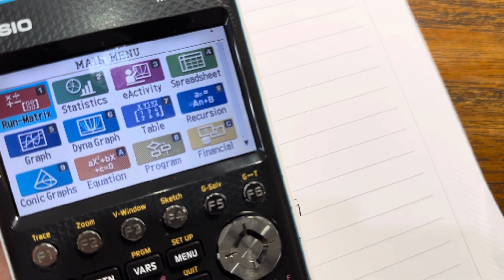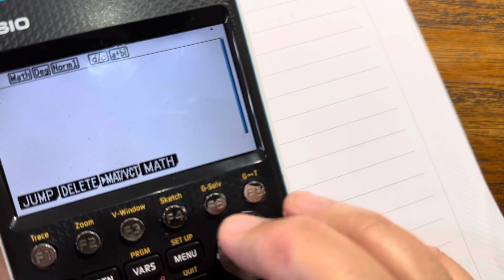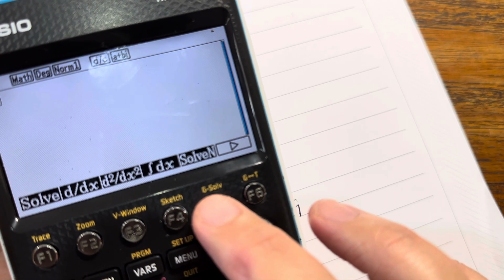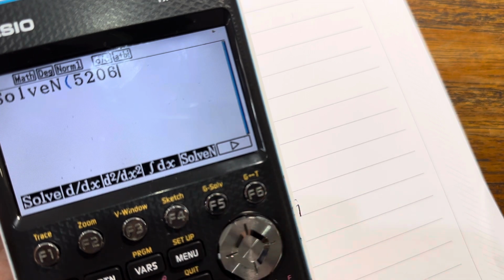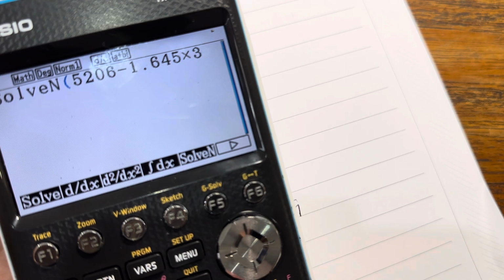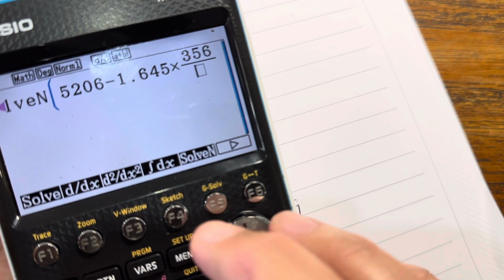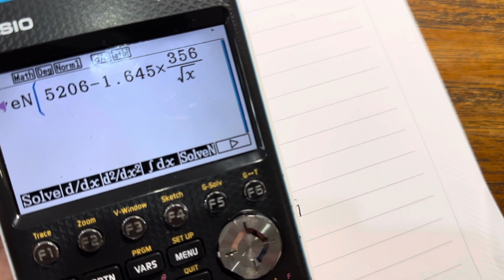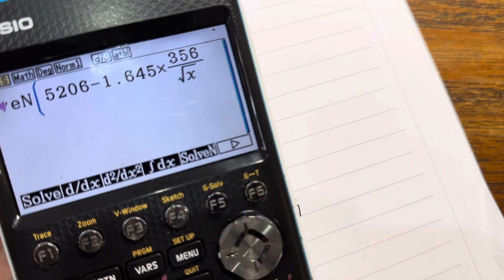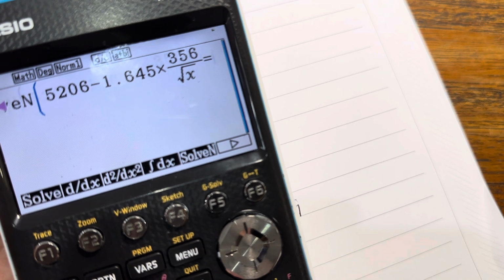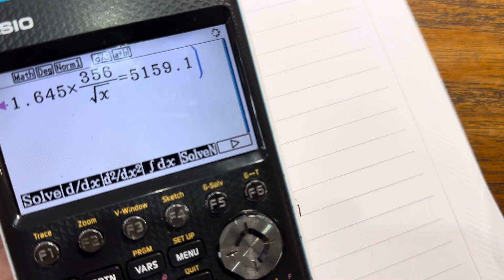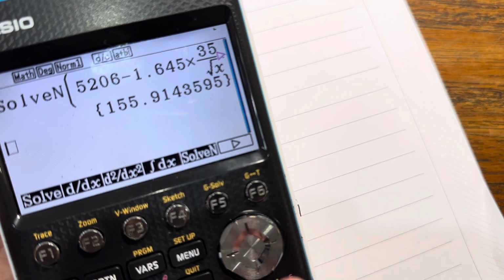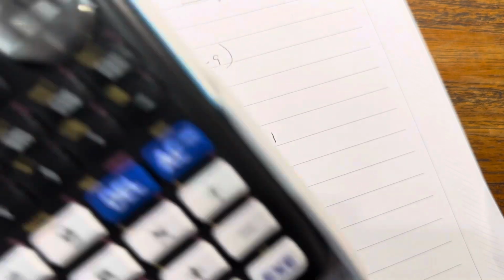On your run mat, you go to options, calc, solve n, and you put in 5206, take away 1.645 times 356 over shift square root x equals 5159.1. Close my brackets, execute. There you go. So just quickly on my solve n, I did that.